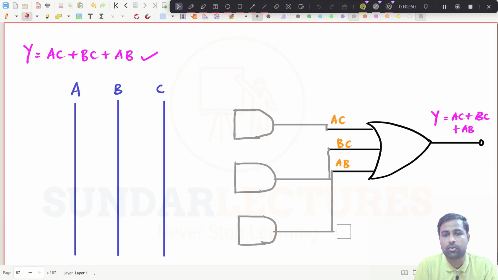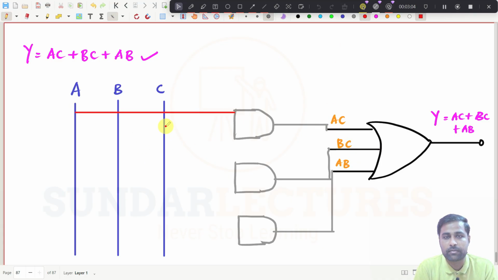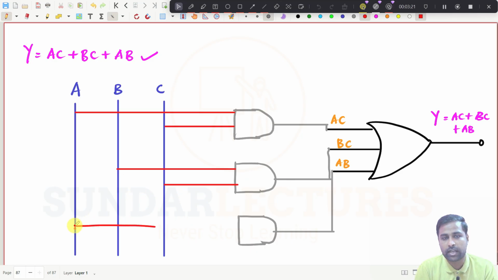Now this is how we need to connect. What should be the input for this one? This is AC, so one input should be from A, and one input from C. For this one, it is BC, so from B and then from C. There are no NOT gates because everything is a normal literal. And then again it is AB, so I need to take it from here, A, and then B.